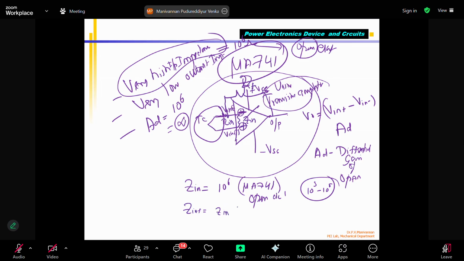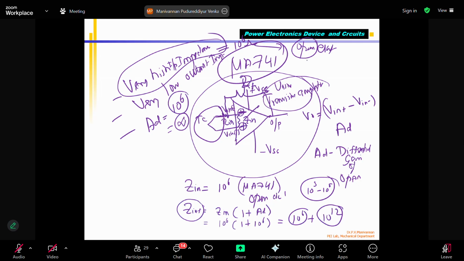Zin multiplied by (1 plus AD). Okay. Already you know Zin equals 10 power 6. If my AD is 10 power 6, 1 plus 10 power 6 multiplied is going to be 10 power 6 plus 10 power 12. So this is negligible. You can say that it has increased twice. If I give negative feedback in an op-amp, it will become high.